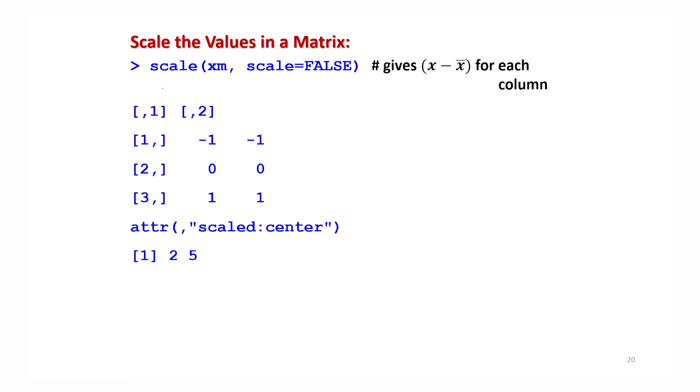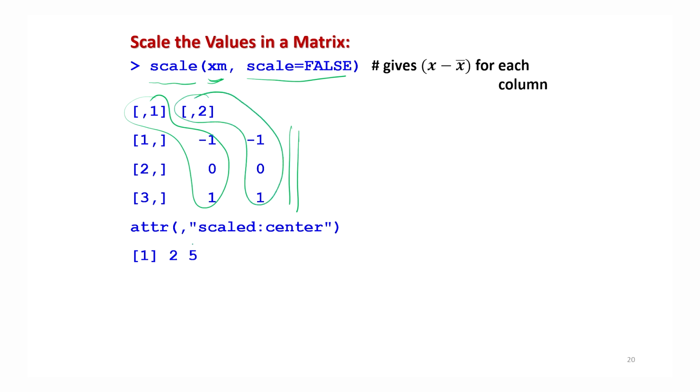Similarly, if you use the earlier command for centering, scale of the matrix data xm with scale equal to false, that means every column will be subtracted by the arithmetic mean of the column. So you will see this type of outcome: this is the output for the first column and this is the output for the second column, and these are the column means of the data in the two columns.